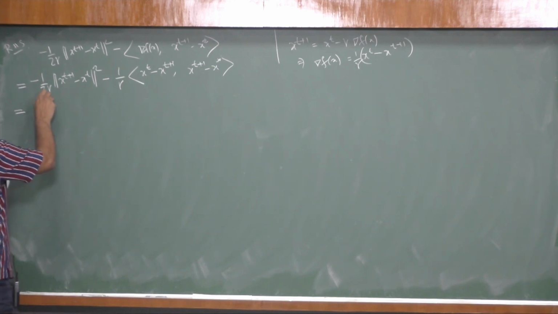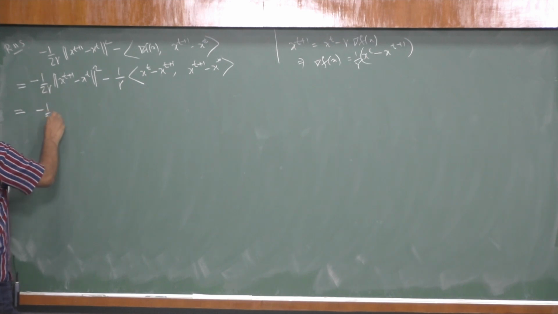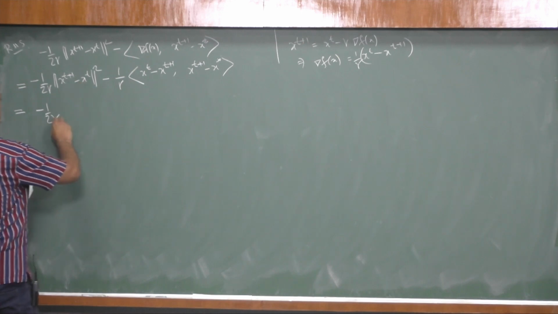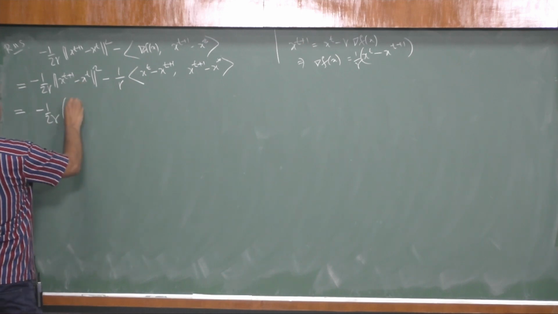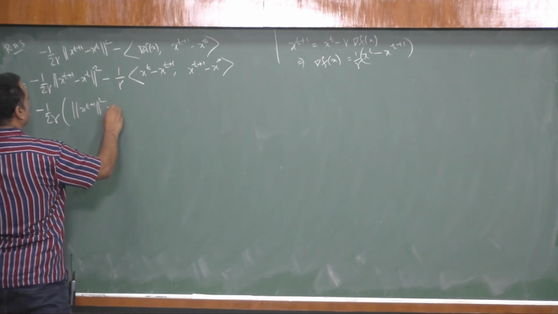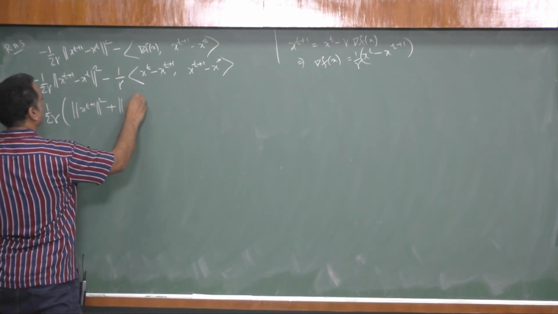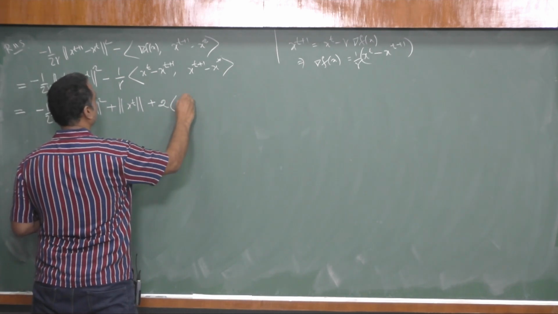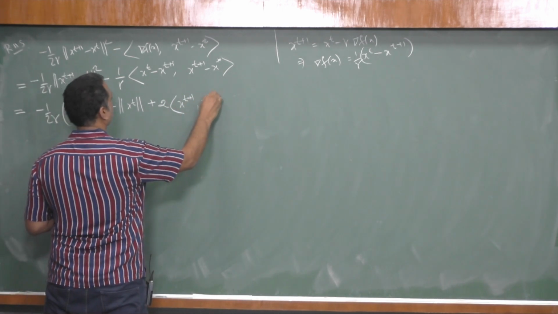So let us expand this. This is the square term, so this is norm of xt plus 1 plus norm of xt minus 2 times the inner product of xt plus 1 and xt.